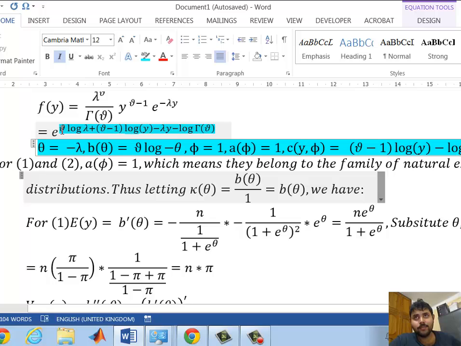So this is where I was taking the logs and then inverting the logs to get the function back.